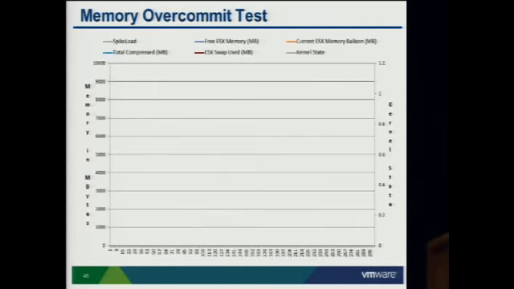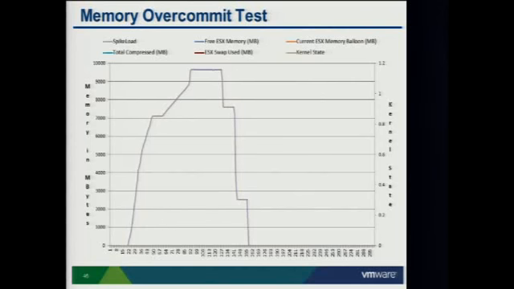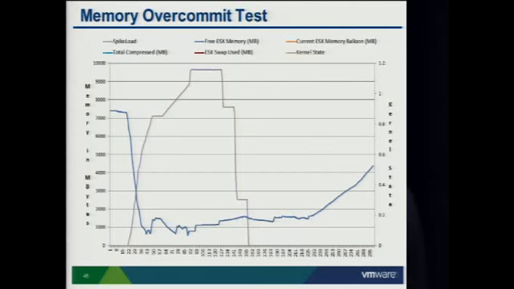What we're trying to do for the test is first inject some memory workload using in-house developed workload generators on an ESX server. In this case, we have only 7.5 gig of memory. As you can see, there's a big deficit here, around 2 to 3 gigabytes of memory.